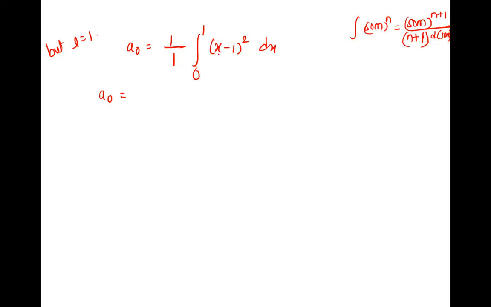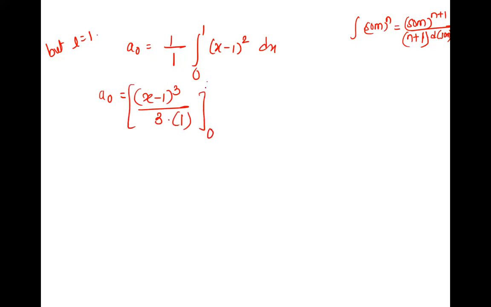So 1 by 1 is 1, integration. This is some function of x raised to n. So it is something raised to n plus 1 upon n plus 1 into derivative of this something. Derivative of x is 1 and minus 1 is 0, so only 1.